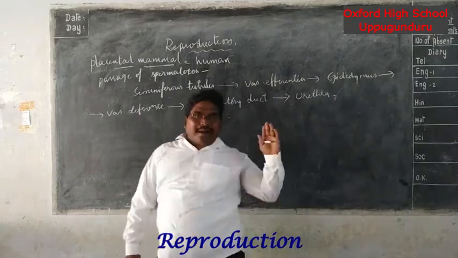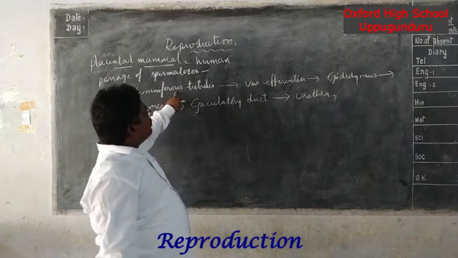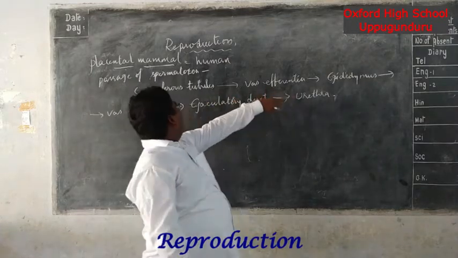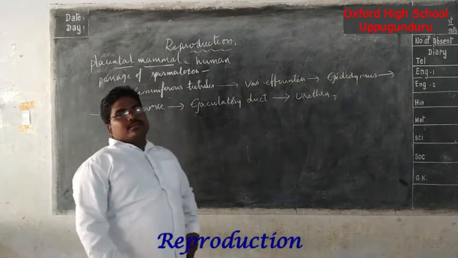Dear students, this is the pathway the sperms pass to come out from the body: seminiferous tubules, vasa efferentia, epididymis, vas deferens, ejaculatory duct, and urethra.